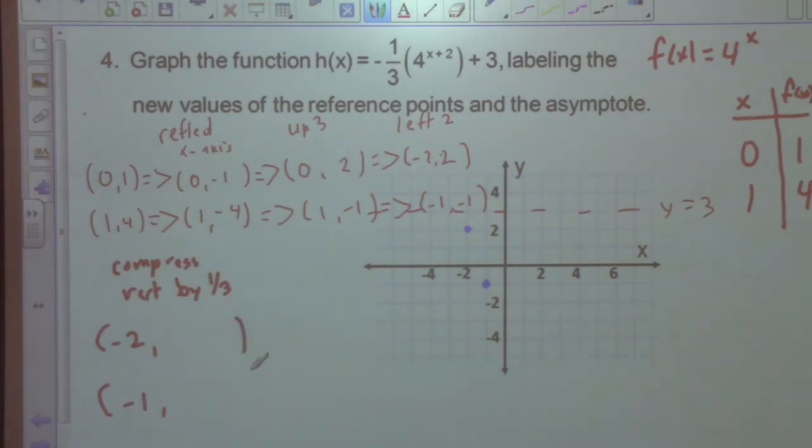And so our factor is 1/3, so what do we have to do here? Yeah, we have to come up closer to this horizontal asymptote. And so this distance here is 1, has to be 1/3. So we're going to get 3 minus 1/3. Does that make sense?